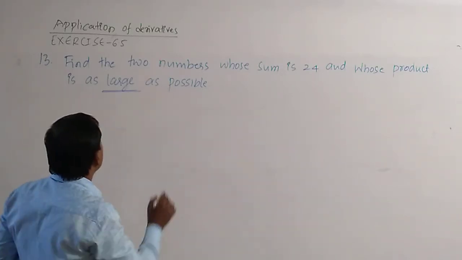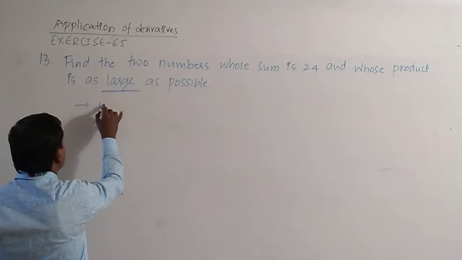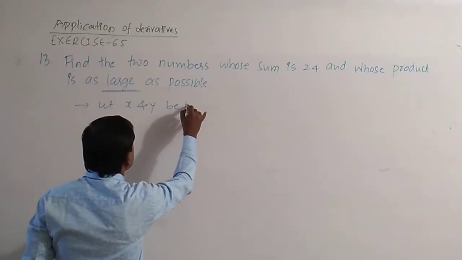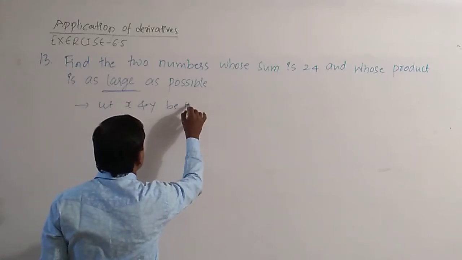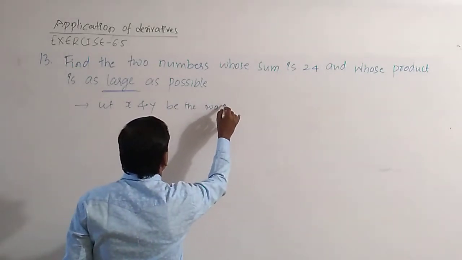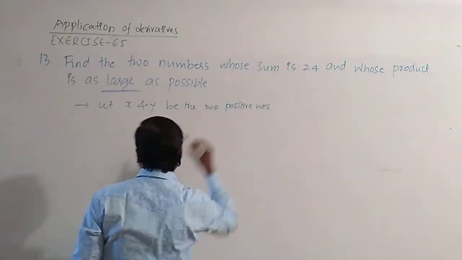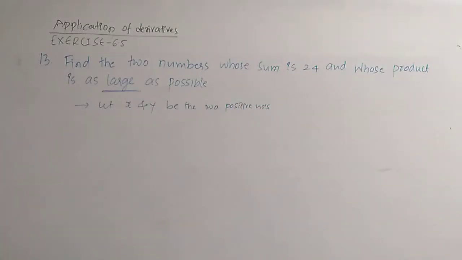So according to this, here we will take let x and y be the two positive numbers, right? So I think here they given the two positive numbers.